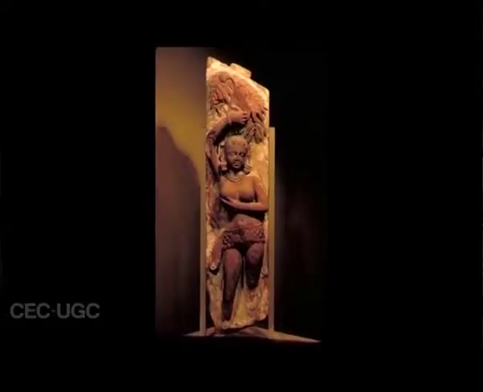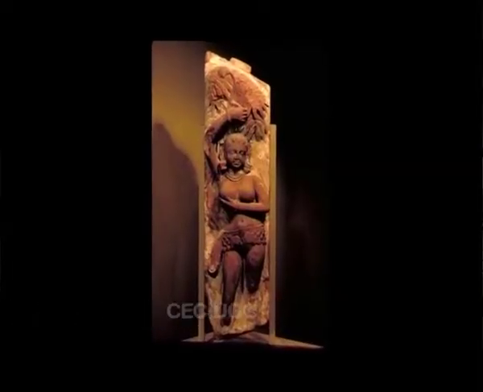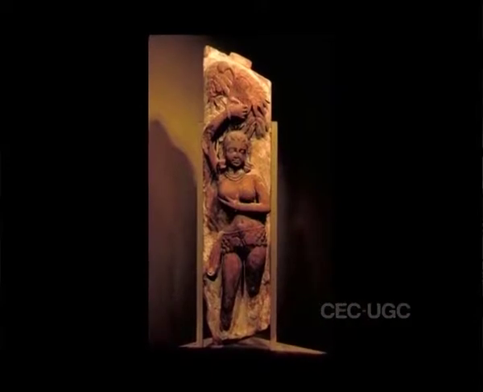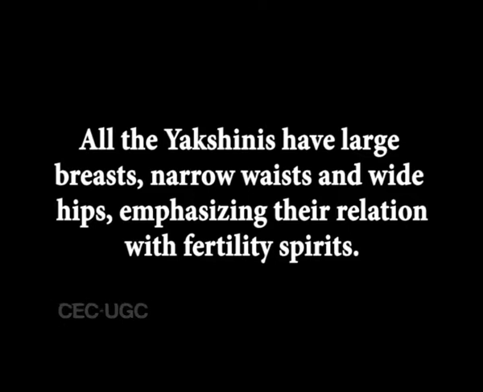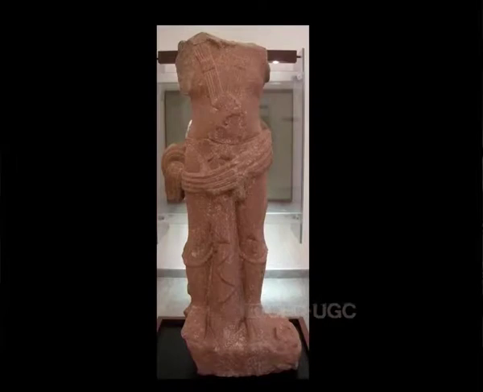The Yakshi figures portrayed on the railing pillars at Mathura are more voluptuous. All the Yakshinis have large breasts, narrow waists and wide hips, emphasizing their relation with fertility spirits. The art of Mathura carried on the earlier tradition of Bharhut and Sanchi.